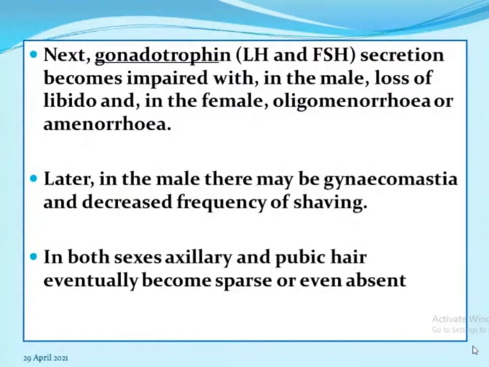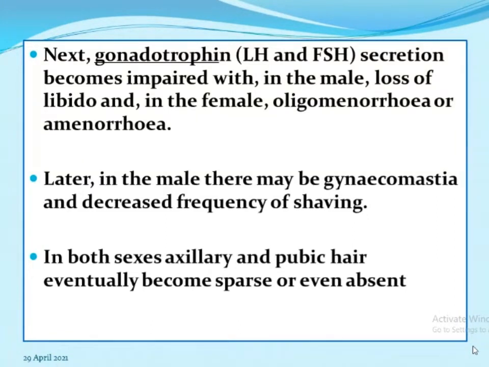So the next hormone to be affected and lost is the gonadotropin, which are the luteinizing hormone, LH, and follicular stimulating hormone, FSH. This will cause in males loss of libido, which means loss of sexual drive. And in females, it can affect her menses.